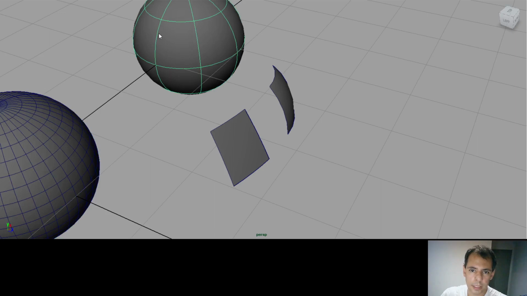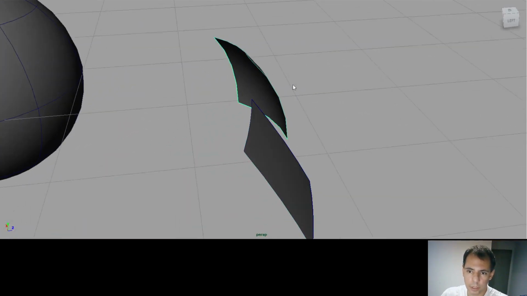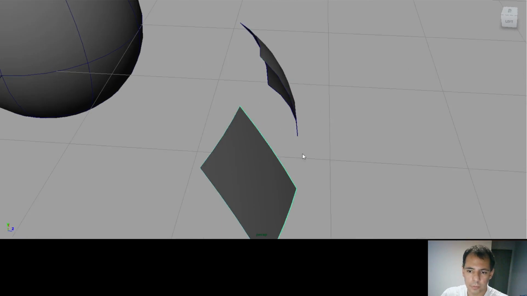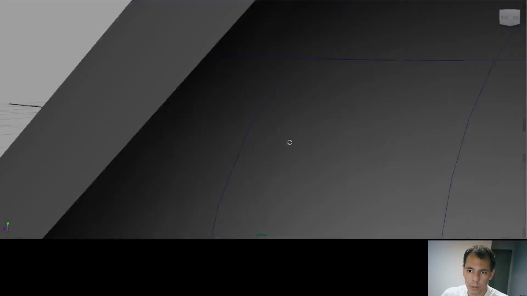So as these faces become very small, they become more and more like a rectangle on a plane. Can you see that this one in here is a lot more curved than this one? Look, you can see the curvature in there.